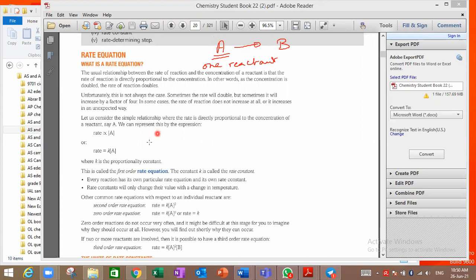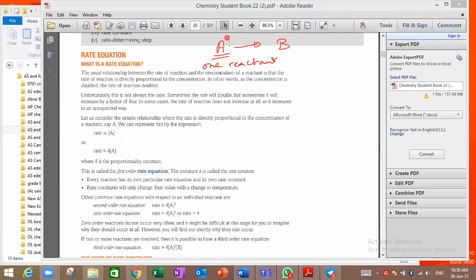We are going to study how to find out these rate equations. We find that the rate of the reaction is directly proportional to the concentration of this reactant A. Directly proportional means that as the concentration of A increases, the rate of the reaction increases.